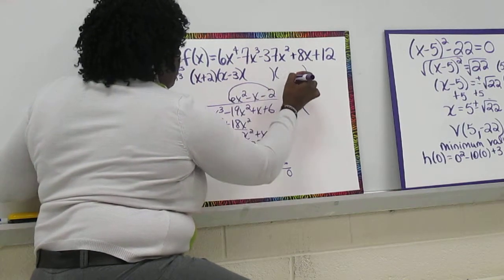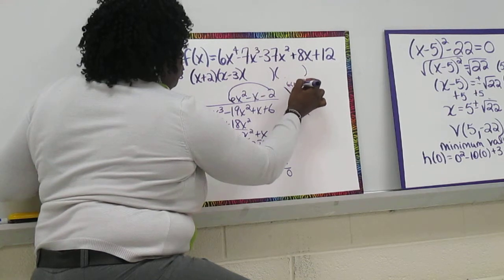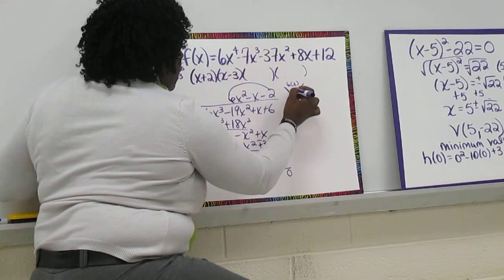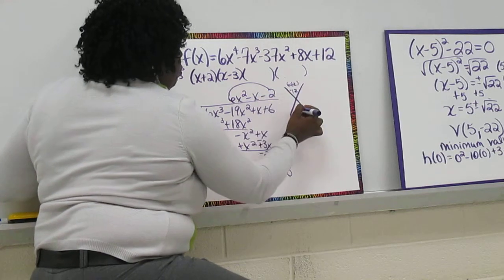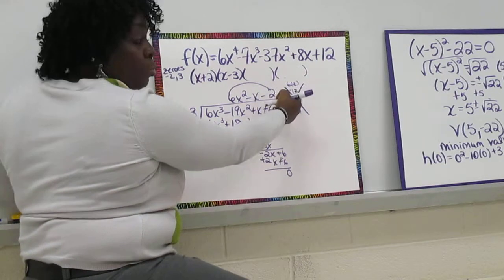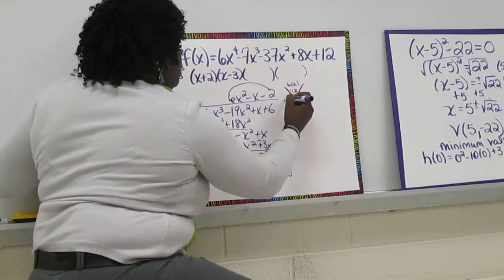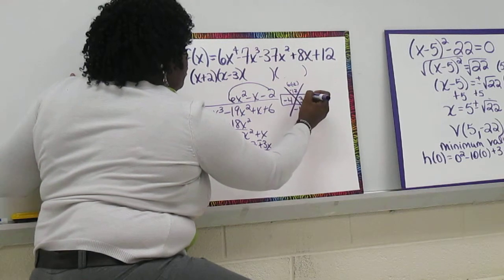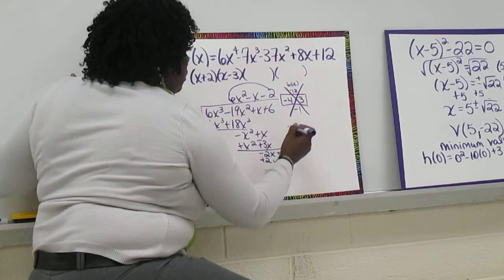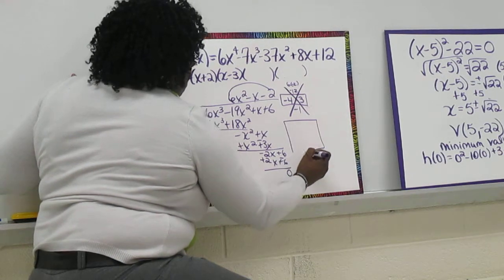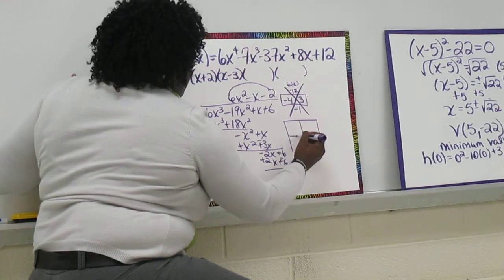So your a times c, 6 times 2 is 12, that's negative 12, excuse me, and your middle term is negative 1. So we're looking for factors of negative 12 that add up to negative 1, and that would be negative 4 and 3. This time I'm putting it in the box for those of you who use the block method.